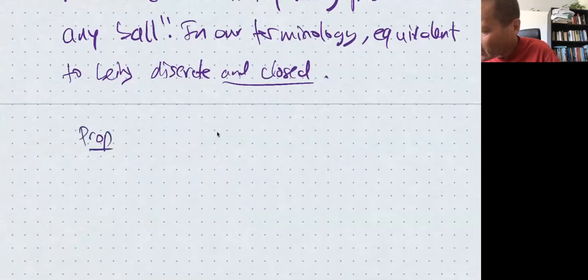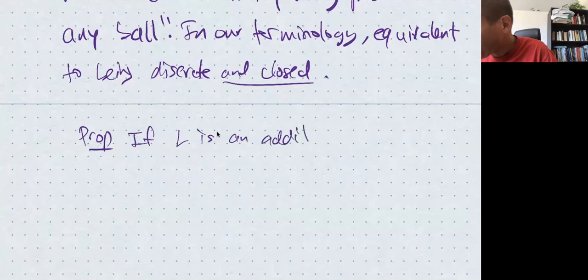Proposition. If L is an additive subgroup, then the following are equivalent.